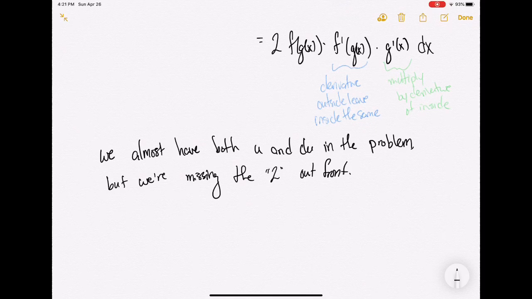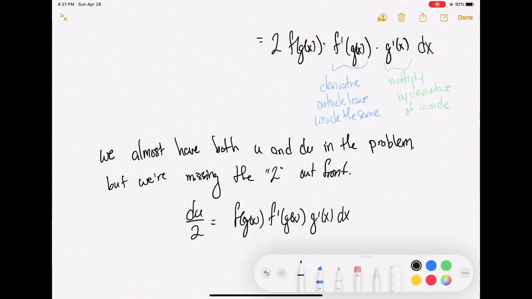So really we're going to rewrite du over 2 equals f of g of x, f prime of g of x, and g prime of x dx, and this is in the integral.